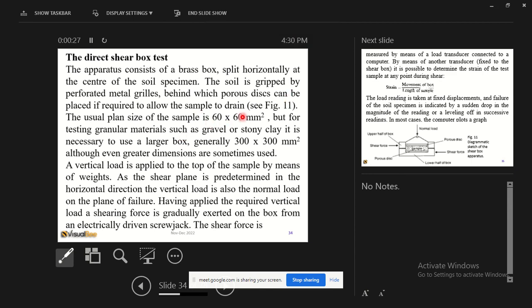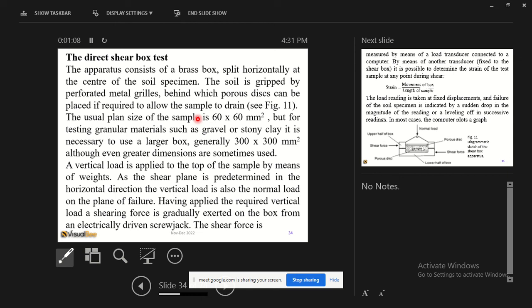The sample is 60 by 60, and this is for granular materials. There is also a large shear box for testing gravel or material that has a lot of stones, because the smaller one can be used to test just pure soft clay or sand.